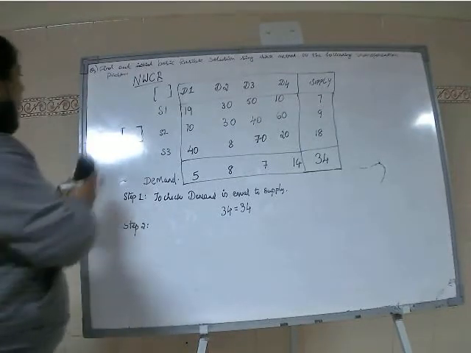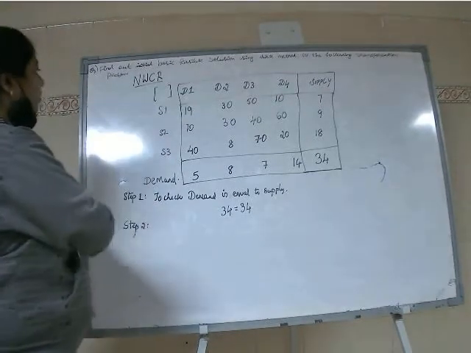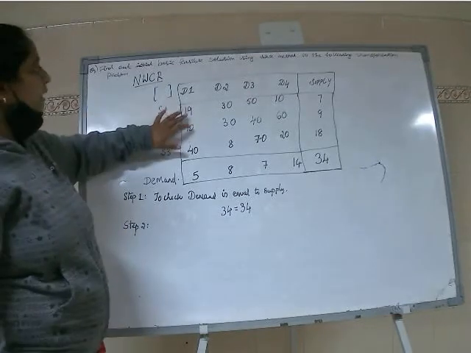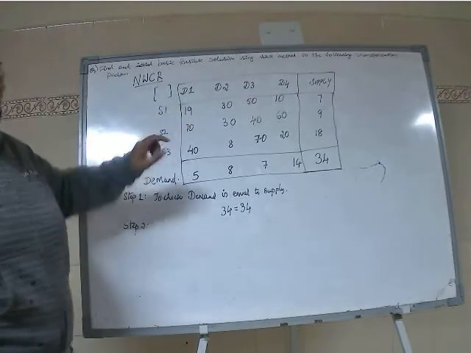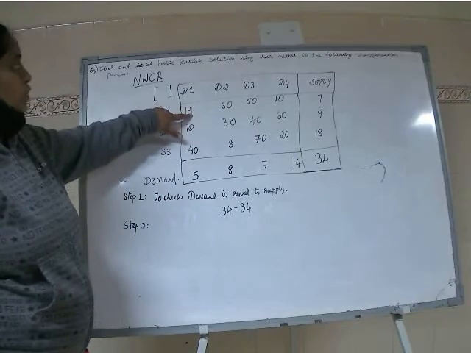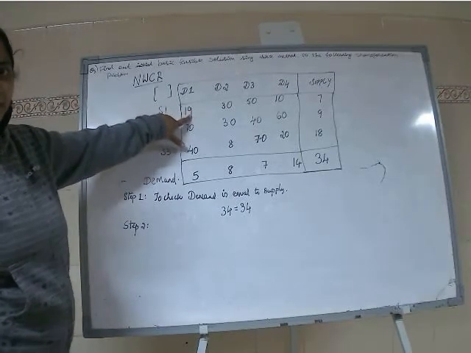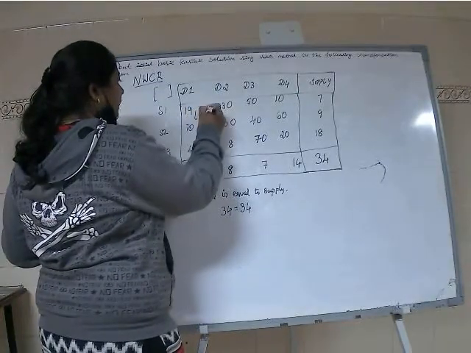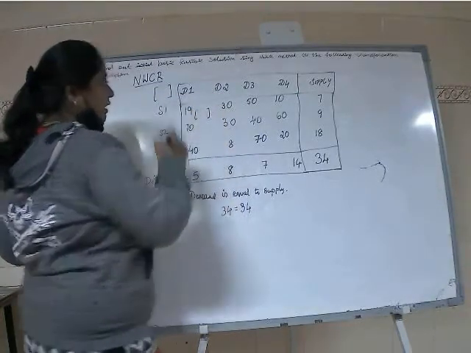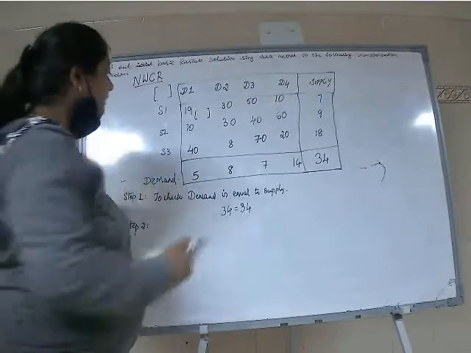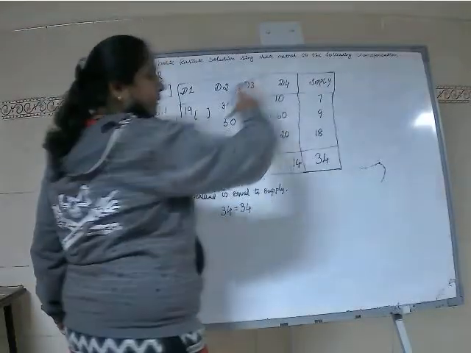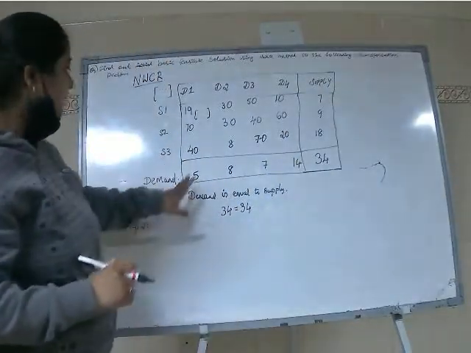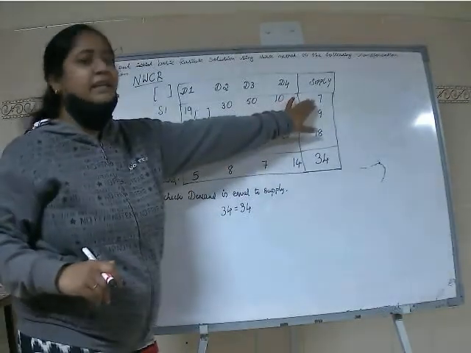Okay, students, so here what you need to do is put an allocation. This is northwest, so you have to take the topmost north and west value. So 19 is the topmost north and west corner, so I put the allocation here, and I need to check demand and supply. So here demand is 5, supply is 7.